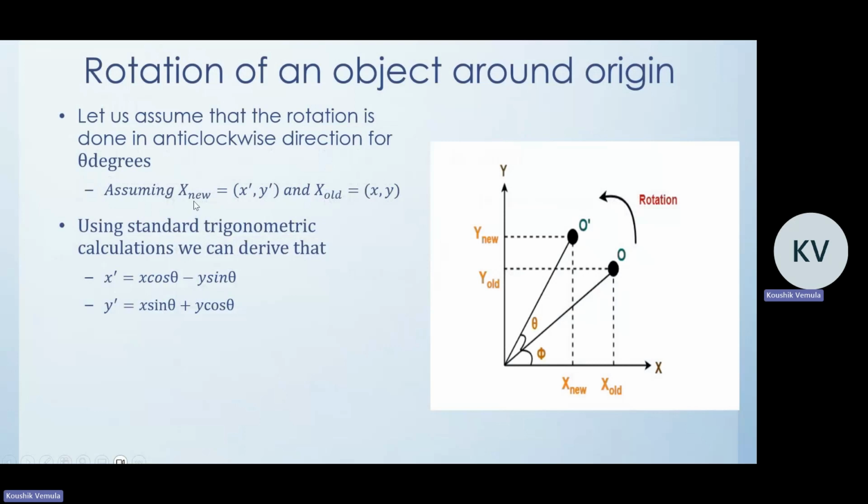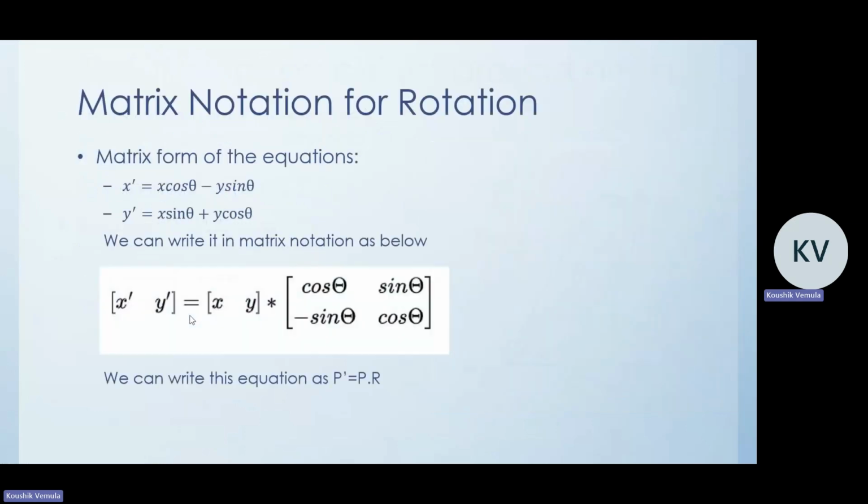Let us consider the new point as x dash, y dash and the old point as x, y. Using standard trigonometric calculations from the image, which creates some triangles, we can derive that x dash equals x cos theta minus y sin theta, y dash equals x sin theta plus y cos theta.